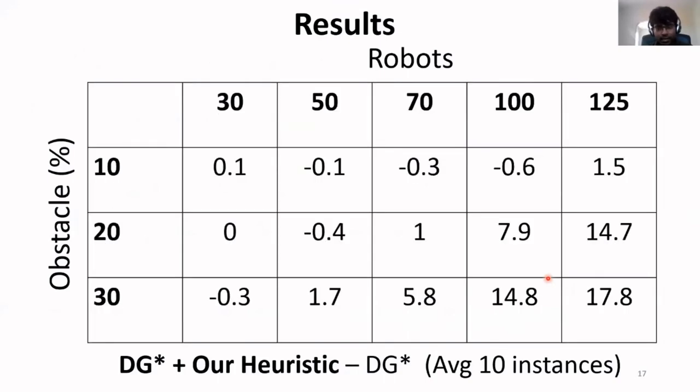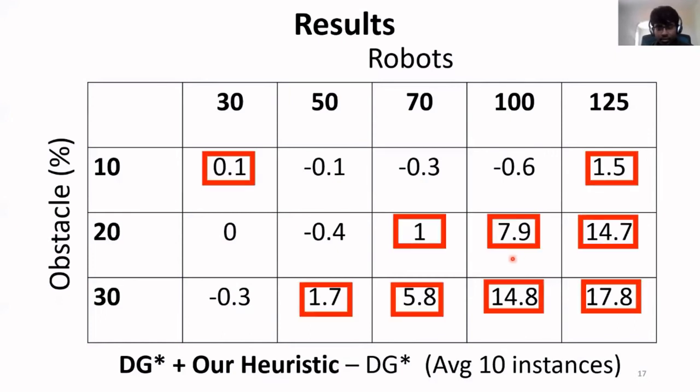This table summarizes our findings for a fixed number of robots and obstacle percentage. Each entry reports the average difference in lower bounds reported by the two approaches on 10 different problem instances. So a positive value indicates our evaluation function combination is stronger.